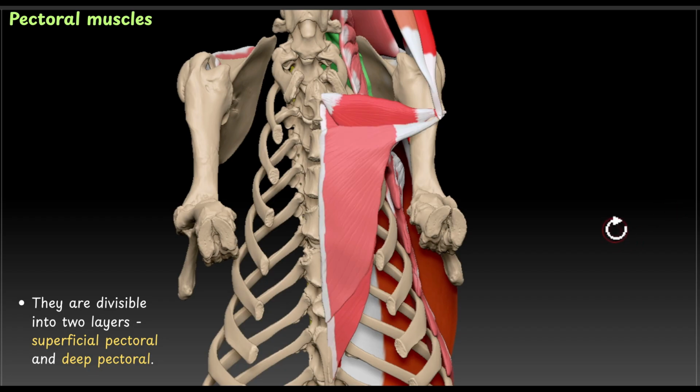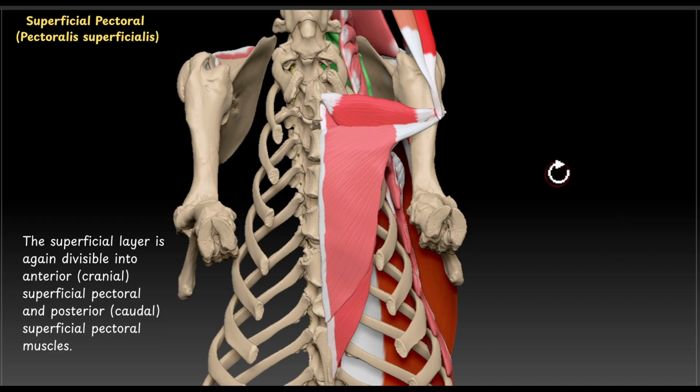First we will discuss the superficial pectoral muscles, also called pectoralis superficialis. The superficial layer is again divisible into anterior or cranial superficial pectoral and posterior or caudal superficial pectoral.